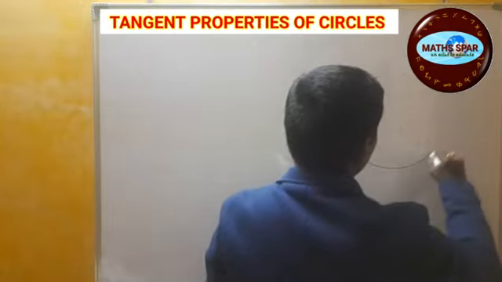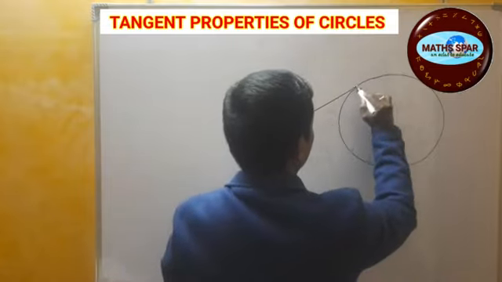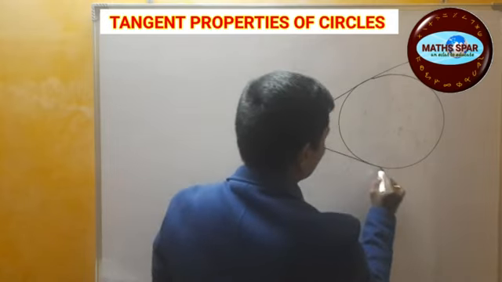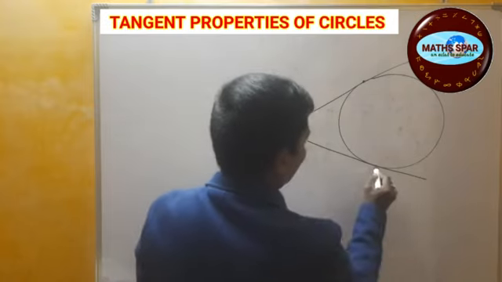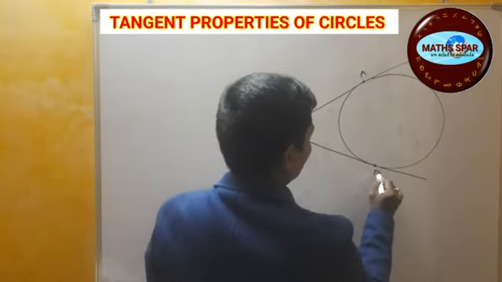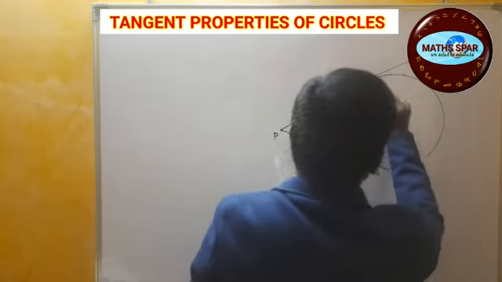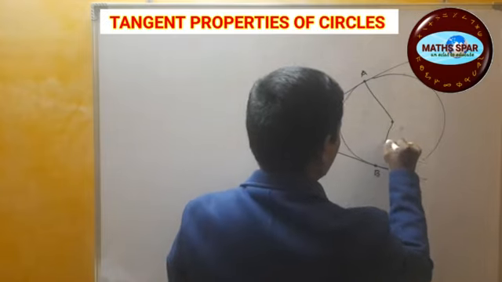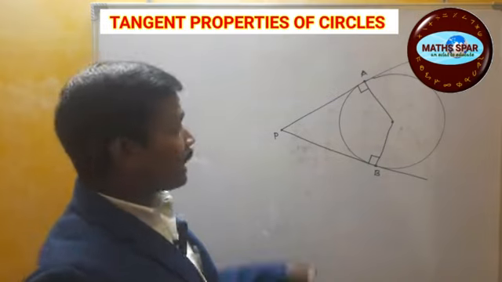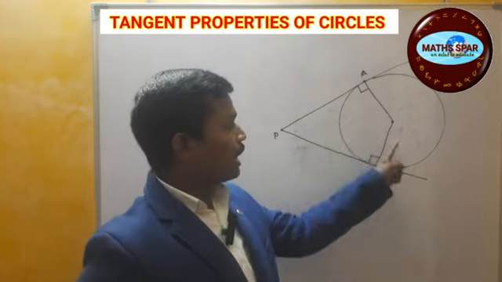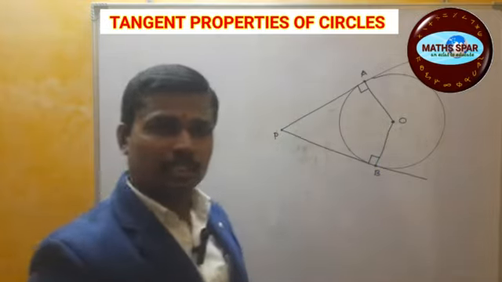If two tangents are drawn to a circle from an external point P, that is PA and PB, then by the first theorem, the tangent at any point of a circle and the radius through the point are perpendicular to each other.